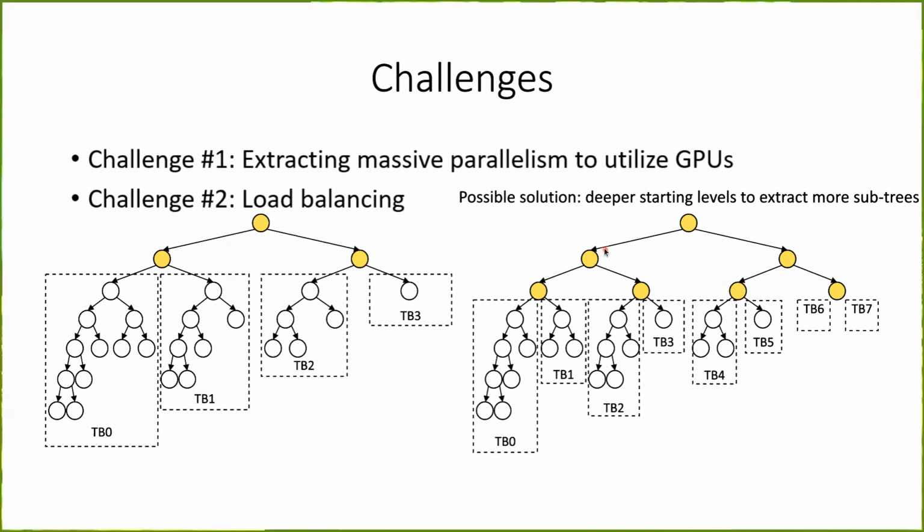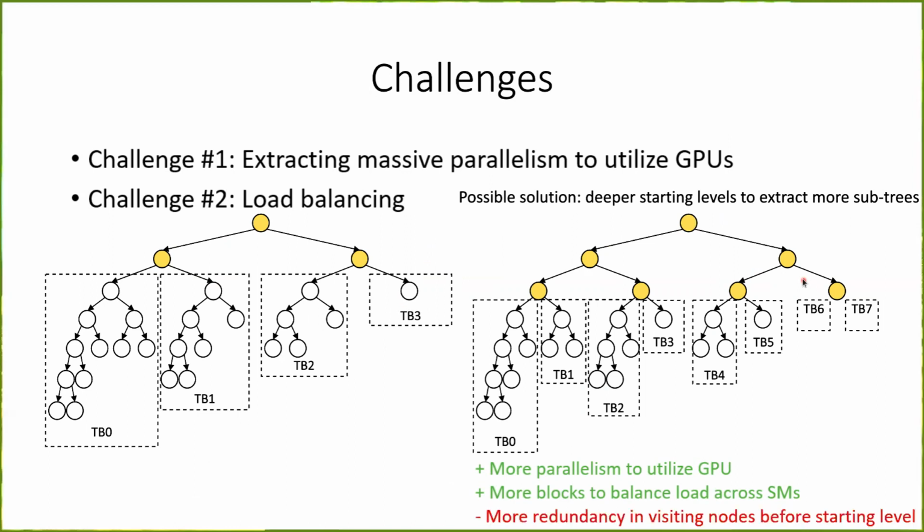In this way, we can extract more subtrees, which will give us more parallelism to utilize the GPU, and more blocks, which will balance the load across SMs. But we will be visiting more nodes redundantly before the starting level.